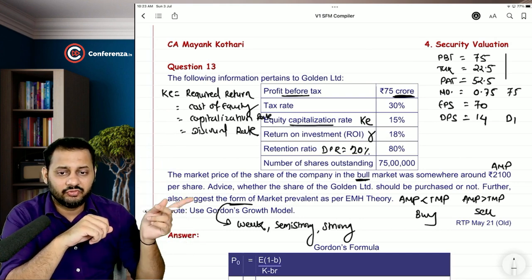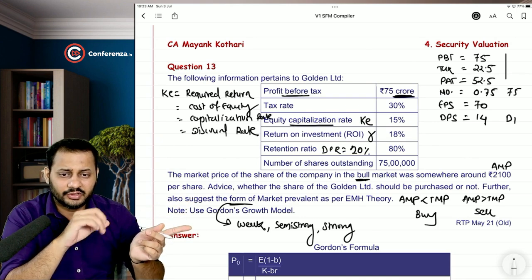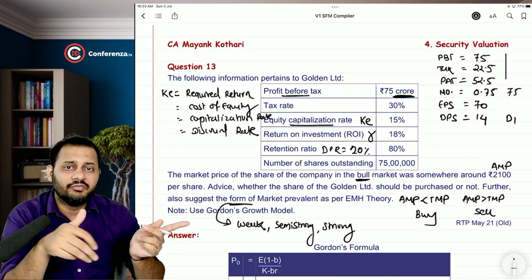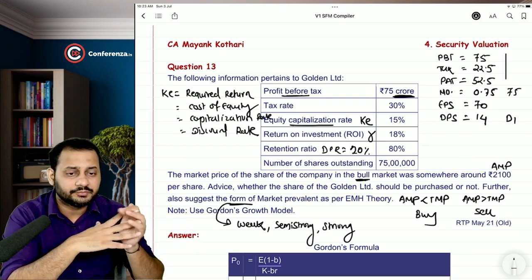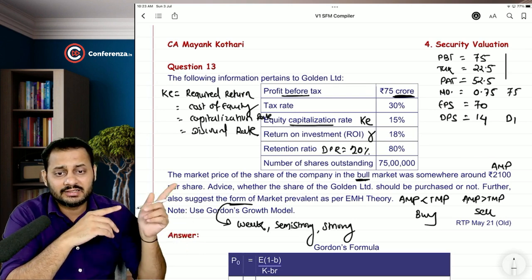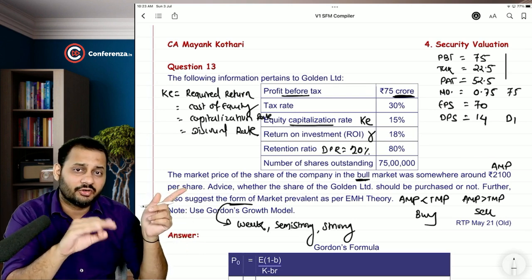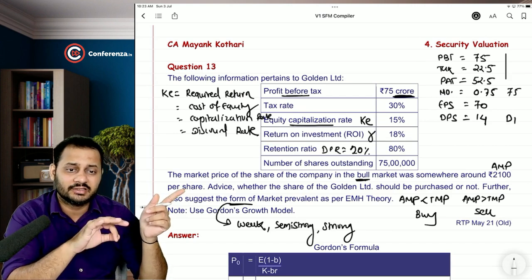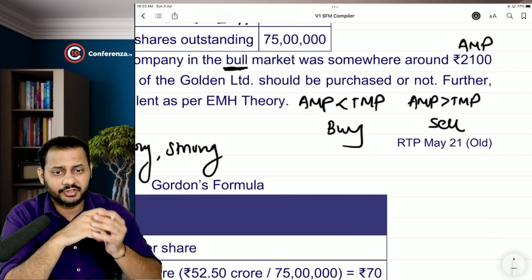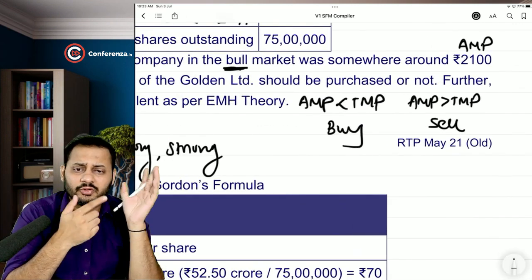Second is the form of market. They did not ask you about which form of market or to write down the three forms of market. Still we wrote it. After that, they asked us whether we should buy the share or not, and we are yet to calculate the answer. And before that itself, we imagined a situation in which we are going to buy the share.